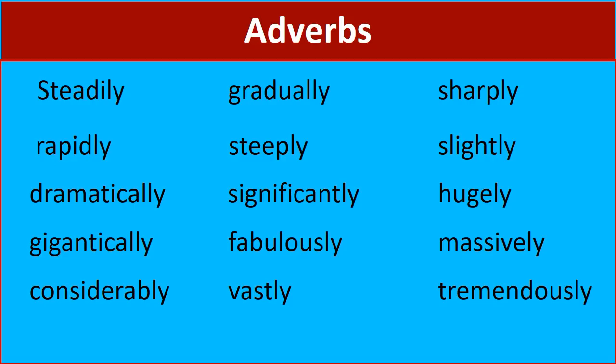Like you can write the trends rose sharply, or the trends declined steeply, or rapidly, dramatically, significantly, hugely, gigantically, fabulously, massively, considerably, vastly, tremendously. So if you use these words, examiners look for these words when you are writing your analytical paragraph.